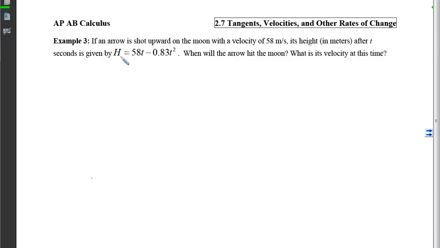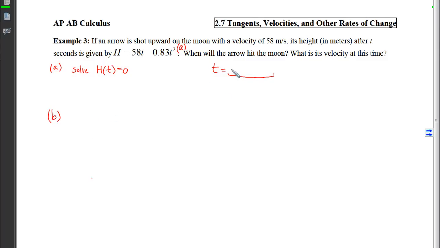So when the arrow hits the moon, let's say this is part A, we need to solve for when h of t equals 0. And then once we find that t value, we're going to compute the tangent slope, or the velocity, at that time.